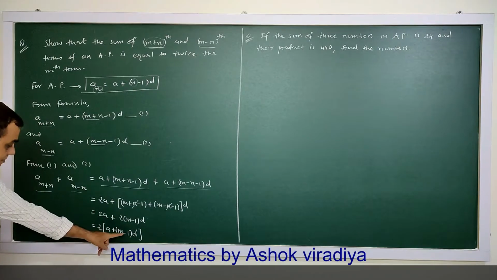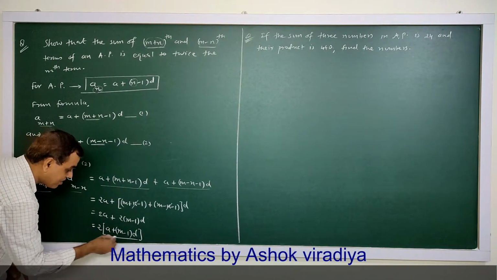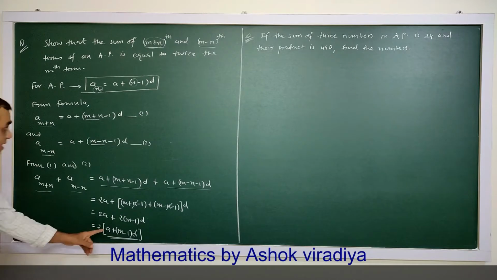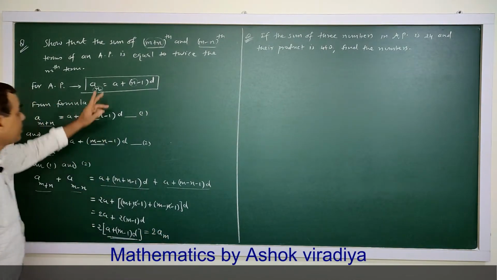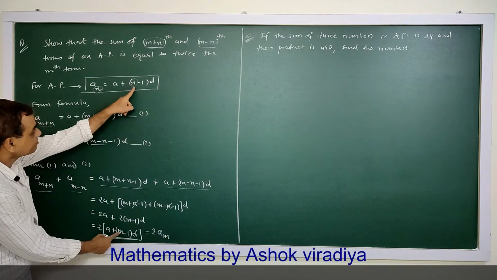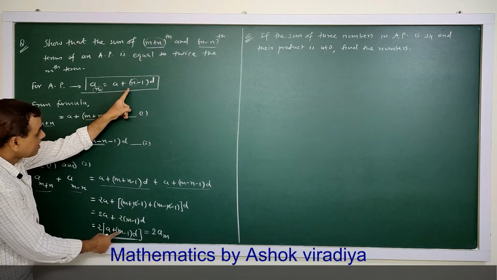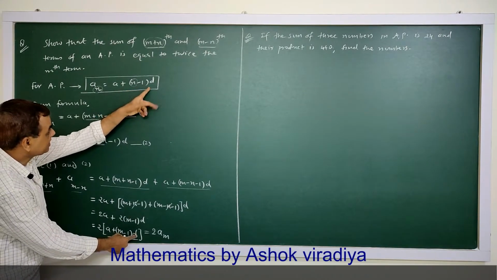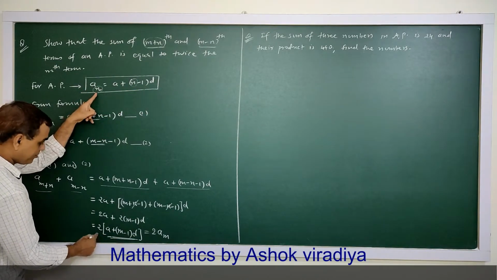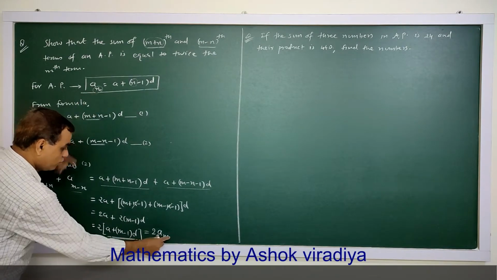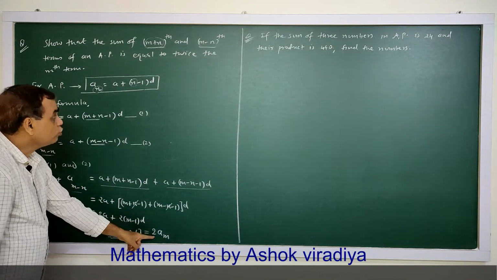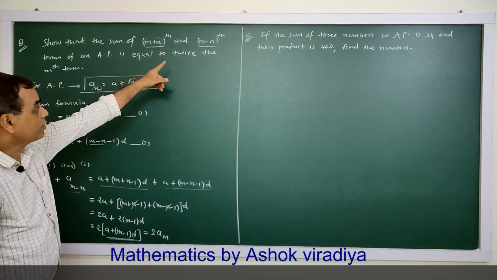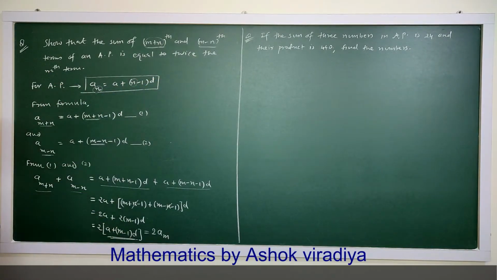So now what is it? This is the mth term. It is equal to 2 times am. By this formula you can see that here we are getting m. So a plus m minus 1 times d is nothing but am. So the sum of the m plus nth term and the m minus nth term is equal to twice the mth term.